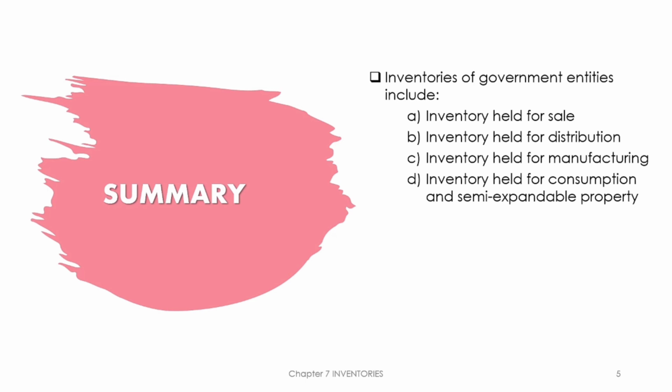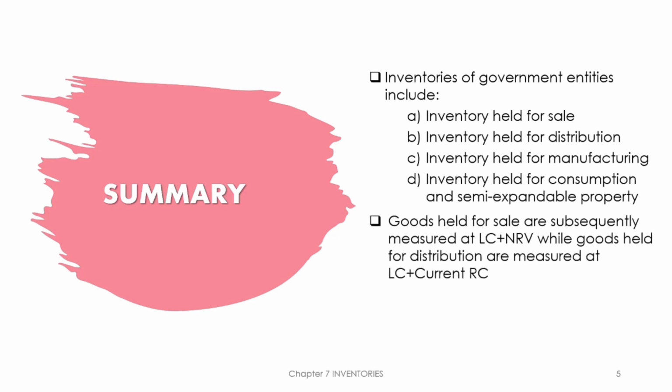So this includes raw materials and work in process. And inventory held for consumption and semi-expendable property. Held for consumption meaning gagamitin ng entity such as office supplies. And again, semi-expendable property consists of machinery, equipment, furniture and fixtures, and other similar items that are not capitalized as PPE because their costs are below the 15,000. Again, 15,000 capitalization threshold as PPE.